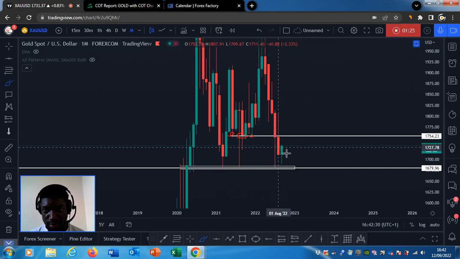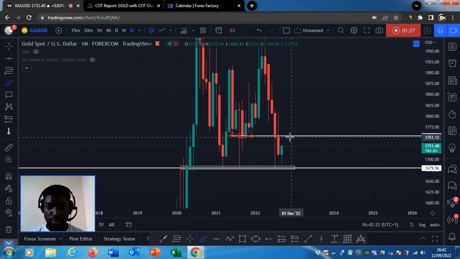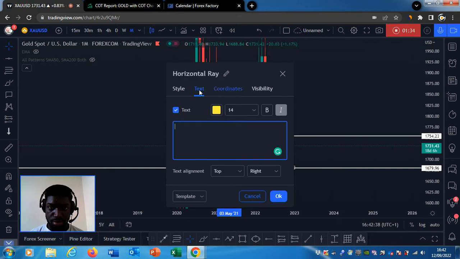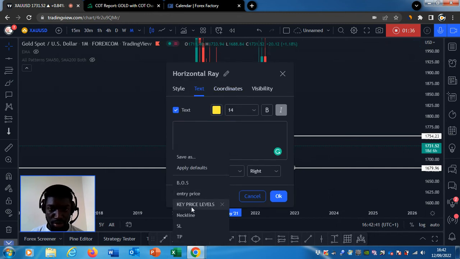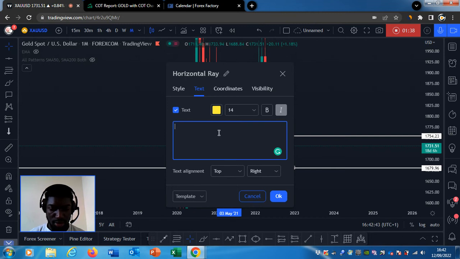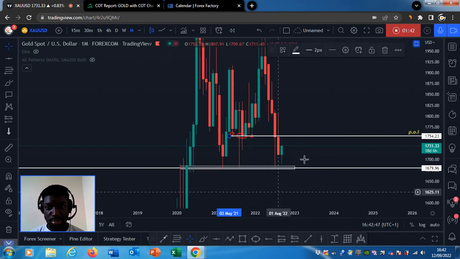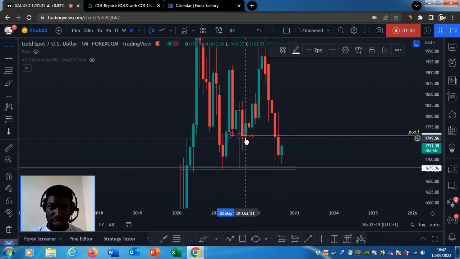So this is a very key POI, point of interest, on the monthly time frame we're looking at. Let me just mark that. POI, and again, POI is price of interest, point of interest, you can say whichever you prefer.